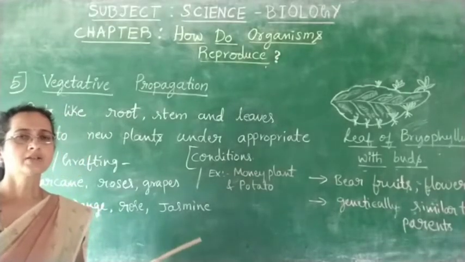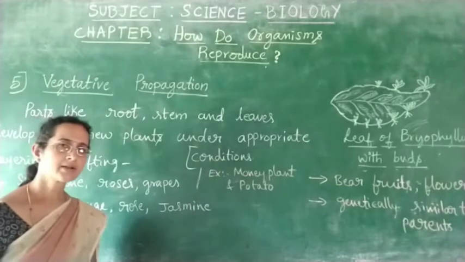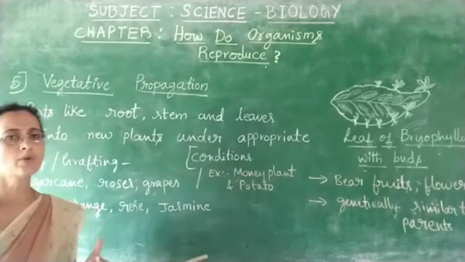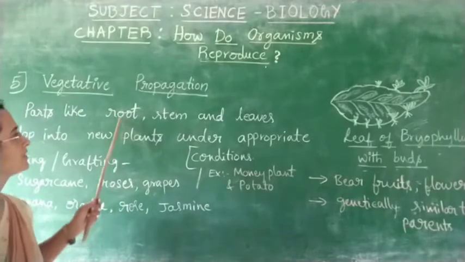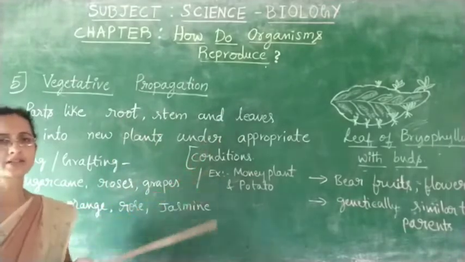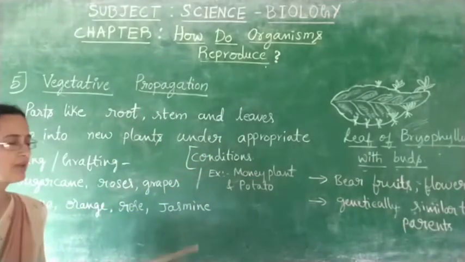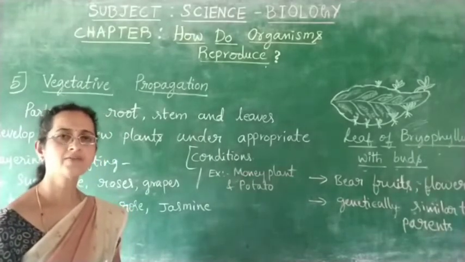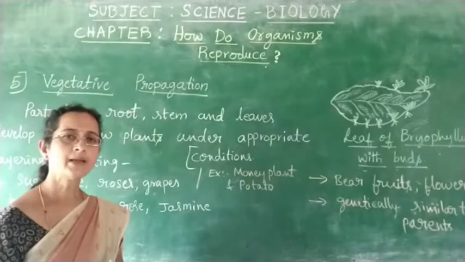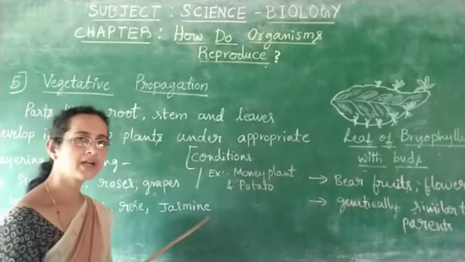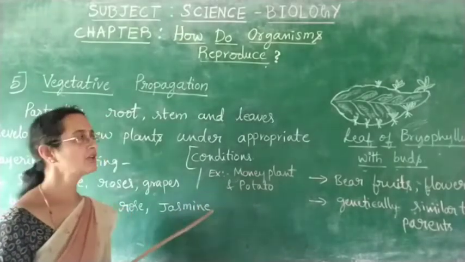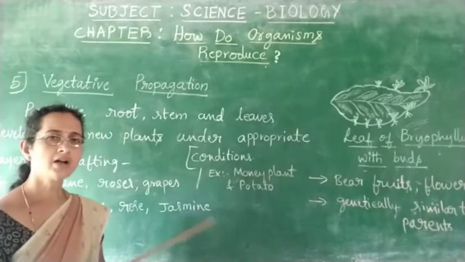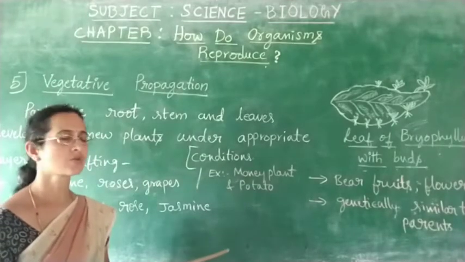So we know that plants can be obtained with the help of seeds, but plants can also be obtained with the help of root, stem and leaf parts. Plants obtained from seeds bear flowers and fruits. Like them, the plants propagated through vegetative propagation also bear flowers and fruits.